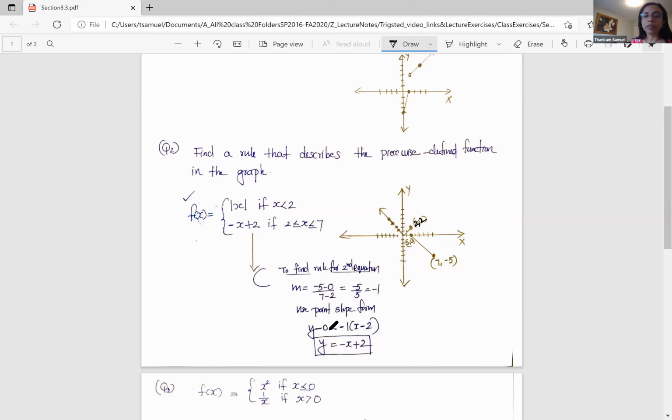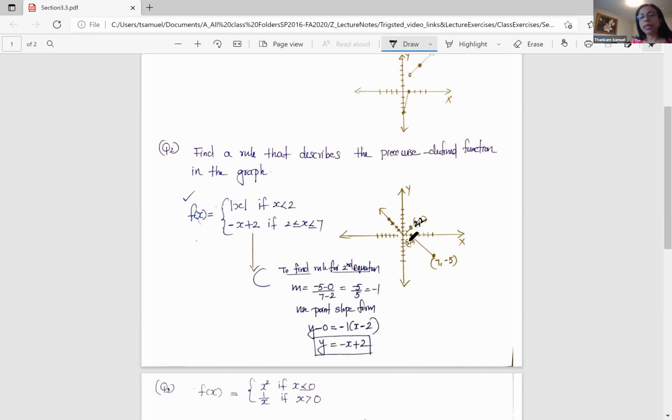So y minus 0 equals negative 1 times x minus x1. Here x1 we took as 2. So y equals, distributing negative 1 over these terms, negative x plus 2. So the equation of this graph is y equals negative x plus 2.